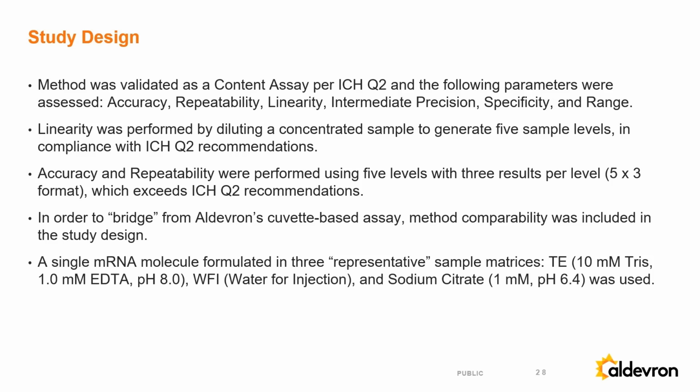We performed linearity by diluting the sample to generate 5 levels, which is in compliance with ICH Q2's recommendations for content assays. Accuracy and repeatability were performed by a 5x3 matrix, which does exceed ICH Q2 recommendations of typically a 3x3 matrix.